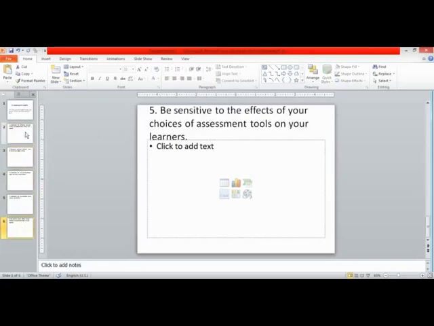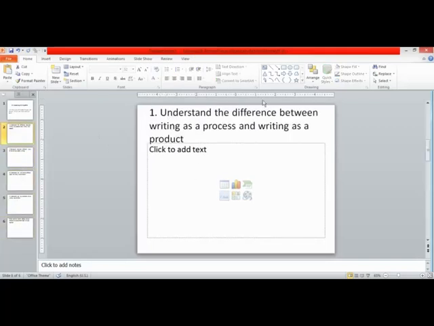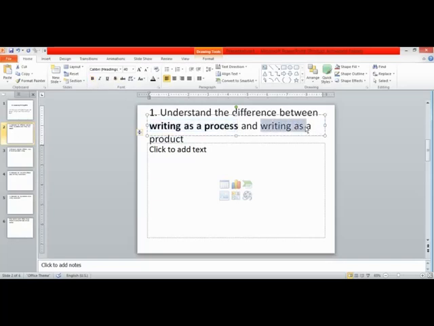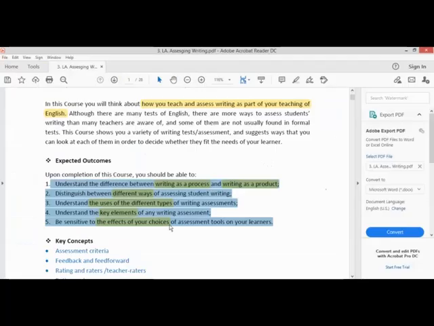For example, understand the difference between writing as a process and writing as a product. The point here is writing is a process, and writing is a product. How you will explain this is based on this book.